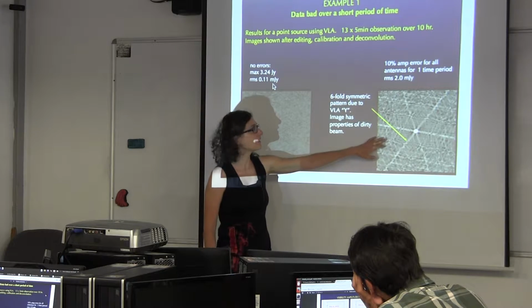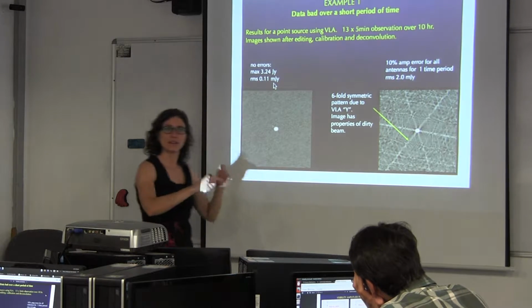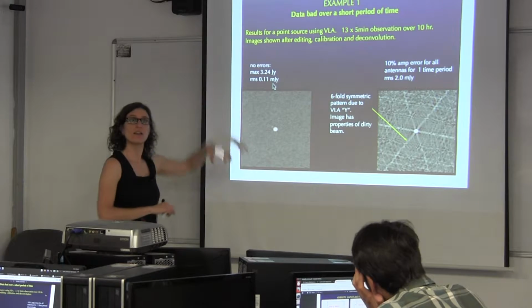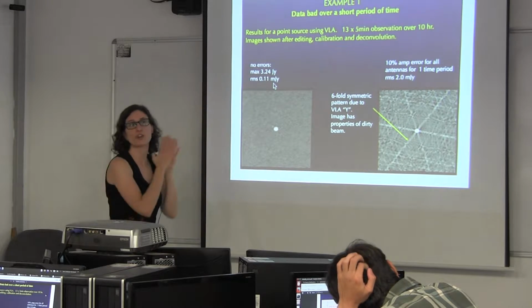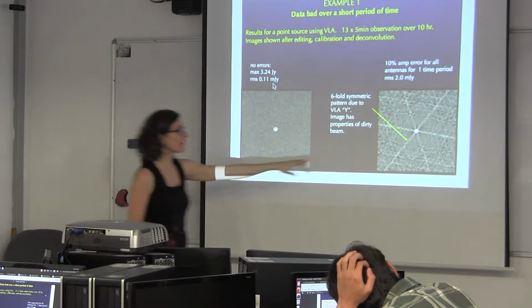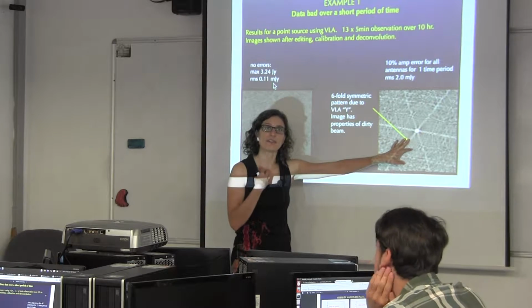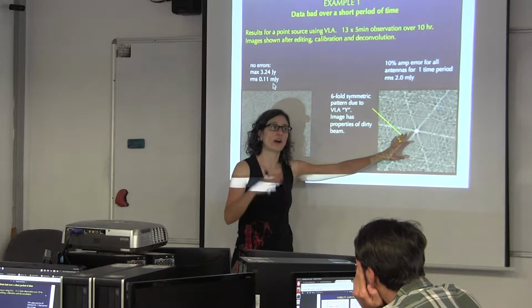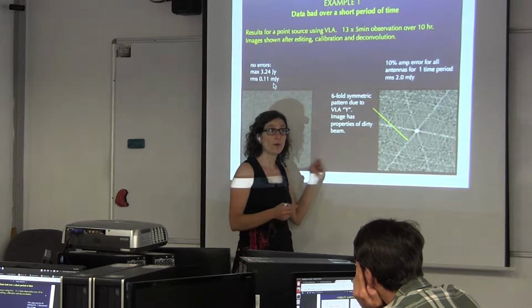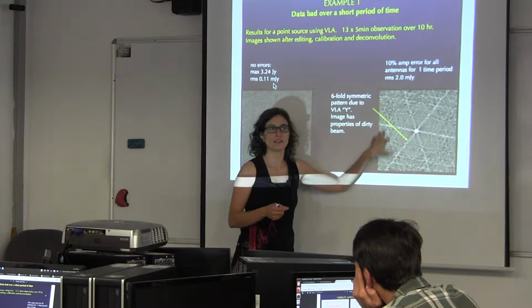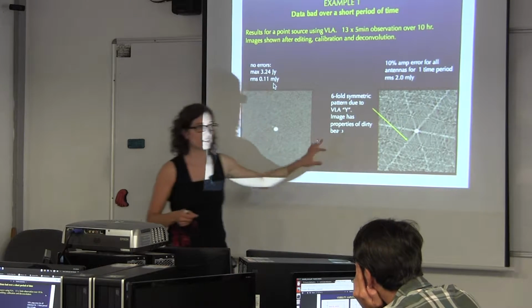This is a result of having high amplitude points in the UV plane just for a short time. So clearly, that would be the result if we hadn't flagged our scan 163. We would have nasty interference in our image.